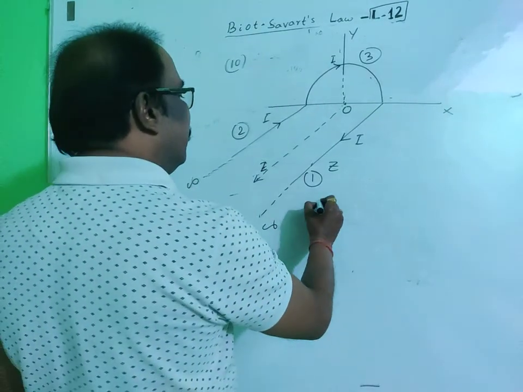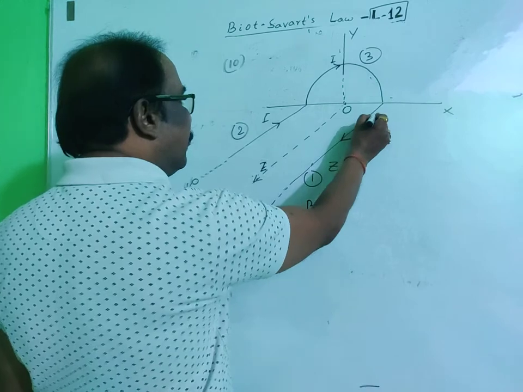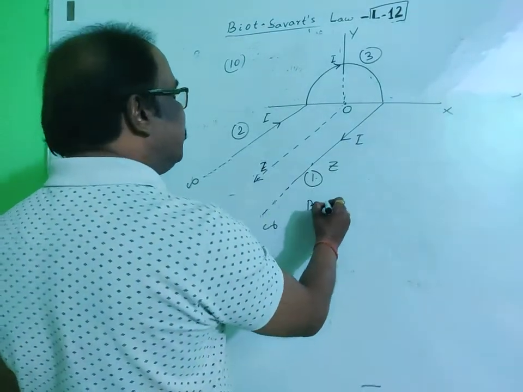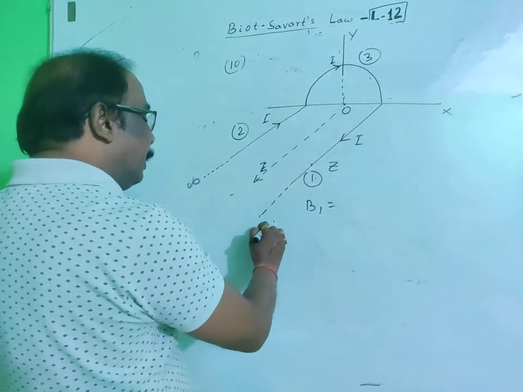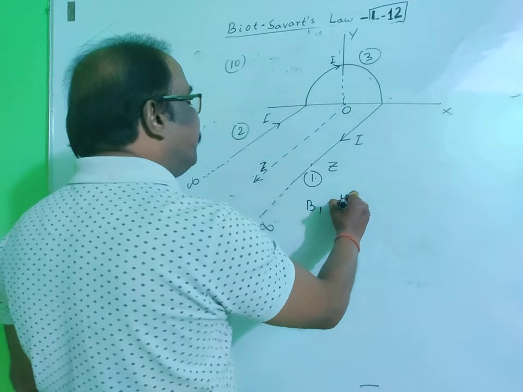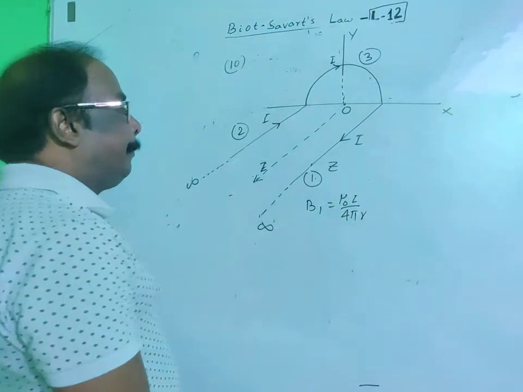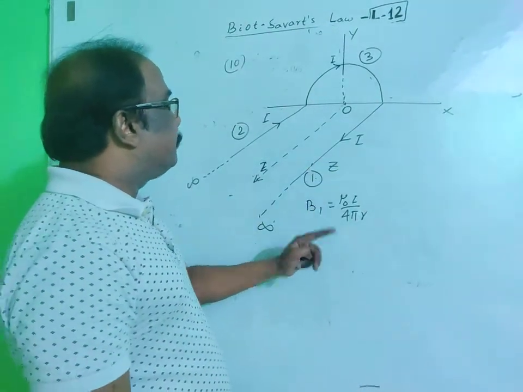Then for straight conductor 1, B1 is, for a straight conductor of infinite length in one direction, as we know, mu naught I by 4 pi r. But you see what is the direction of B1.